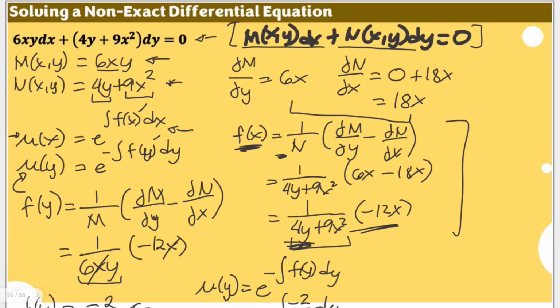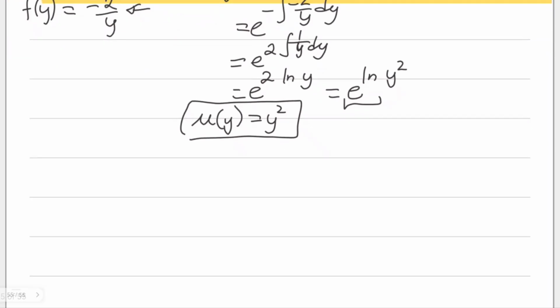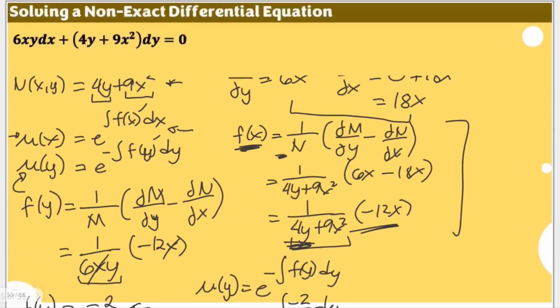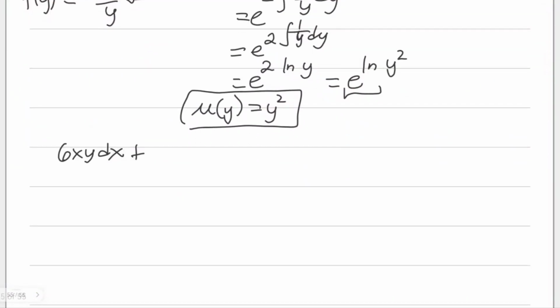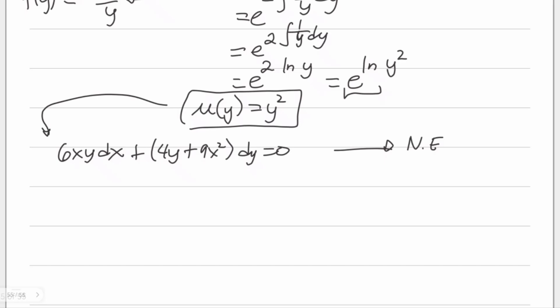So that's 6xy dx. Let me rewrite it here. 6xy dx plus the quantity 4y plus 9x squared dy equal to 0. Again, this is a non-exact differential equation as already identified earlier. But once you multiply the integrating factor on both sides, you will have y squared times 6xy dx plus the quantity 4y plus 9x squared dy.